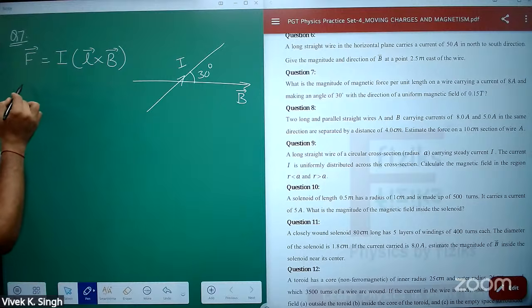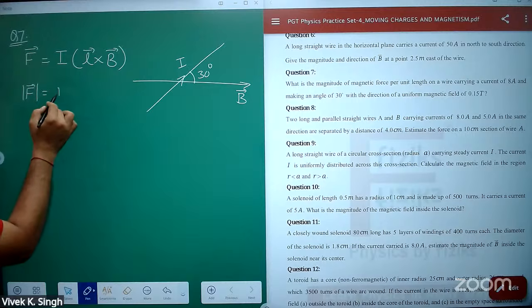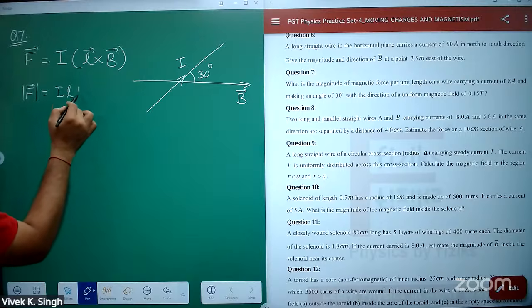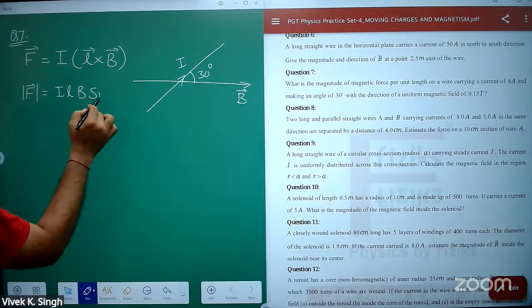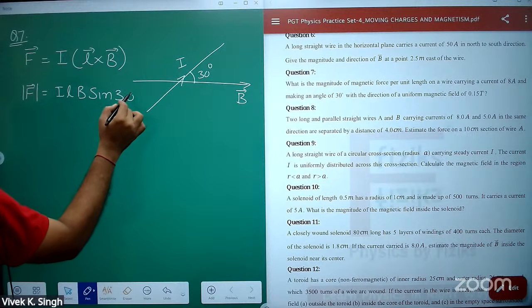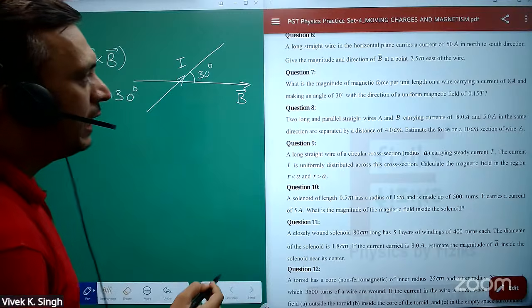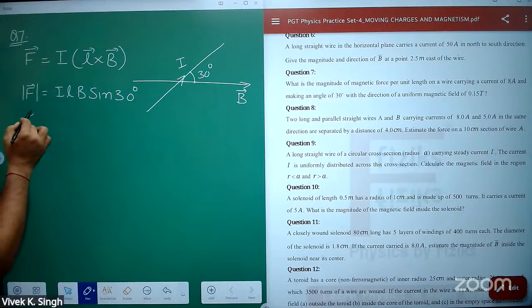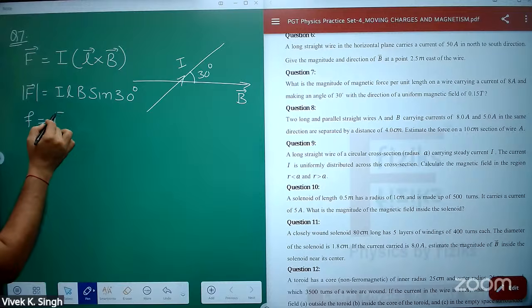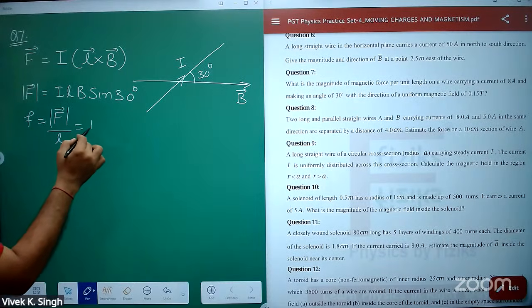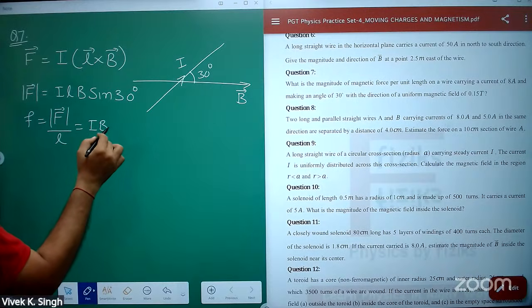Magnitude of F will be I L B sine of 30 degree. Simple question. And you have to find magnitude of force per unit length. So small f is F by L, that is I B sine 30, and sine 30 is 1 by 2.